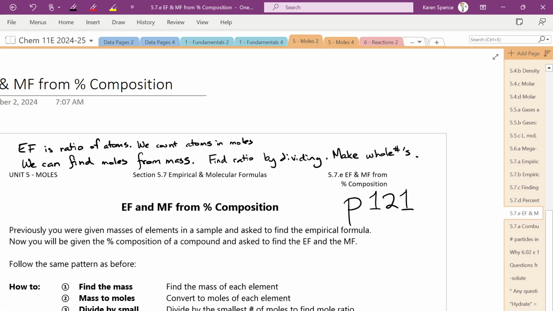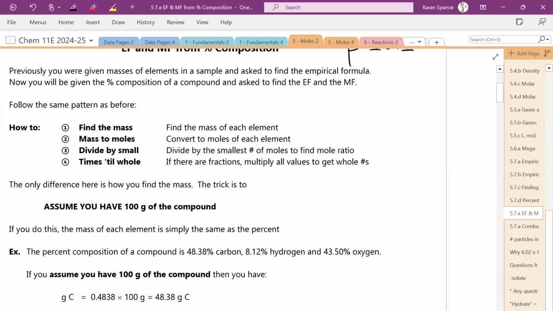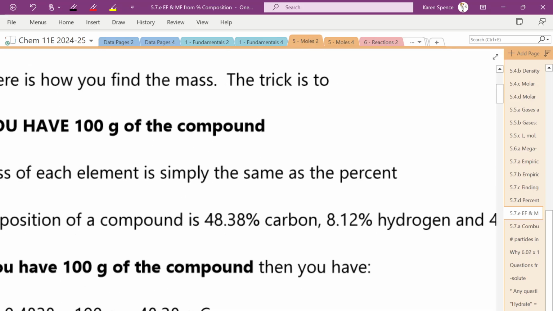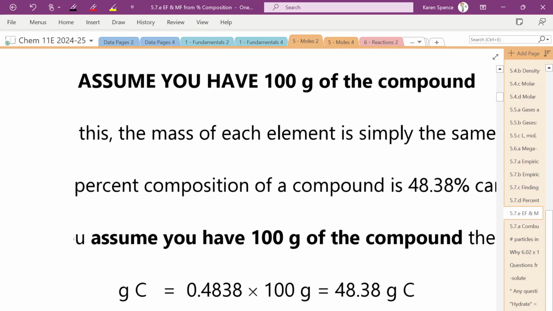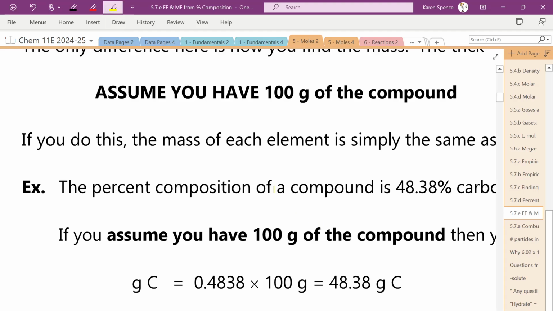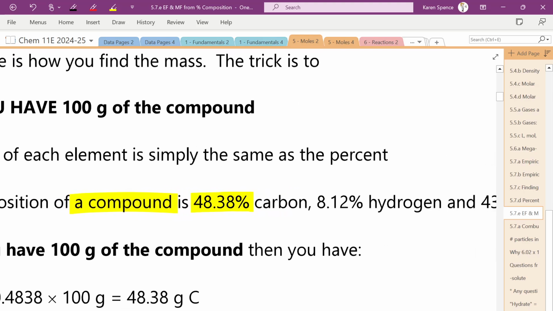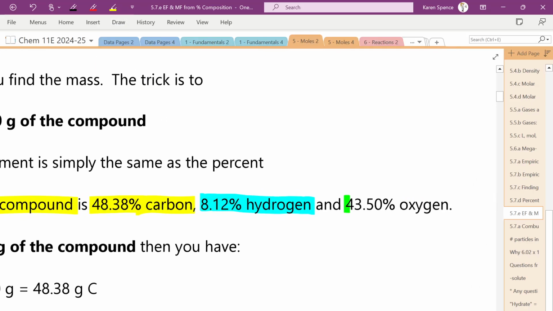Today I'm going to say we have a compound here, which is 48.38% carbon. It is 8.12% hydrogen. And it is 43.50% oxygen.